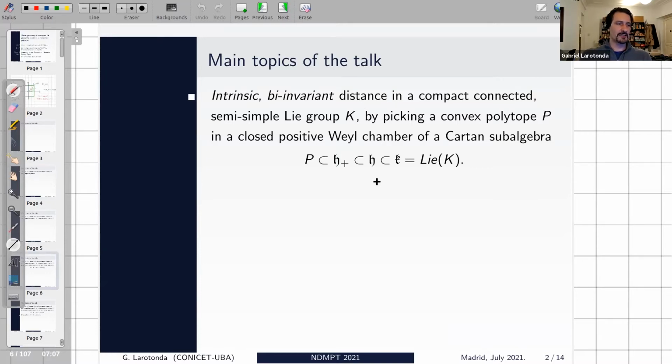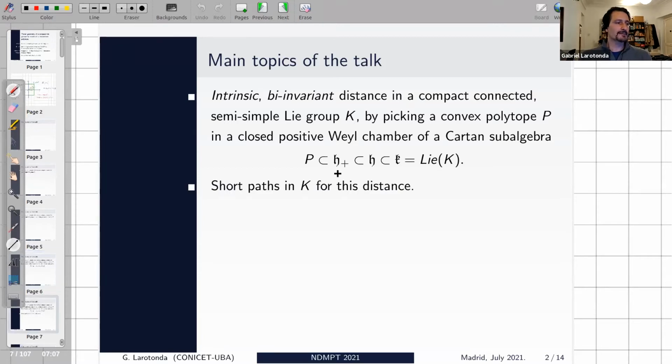In this notation here, K is the Lie algebra of K, and H is a Cartan subalgebra. This is a compact simple Lie group. You obtain this by picking a maximal torus. And the closed positive Weyl chamber is obtained by selecting a positive set of simple roots, right?